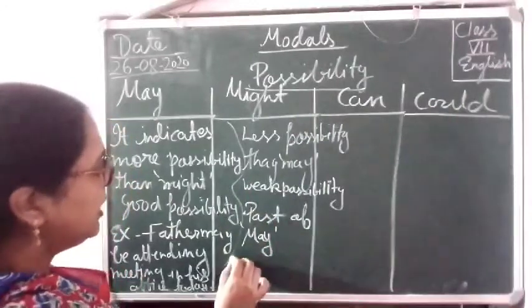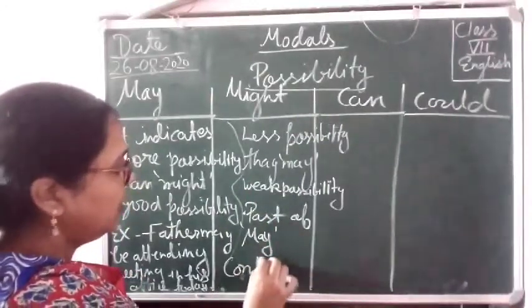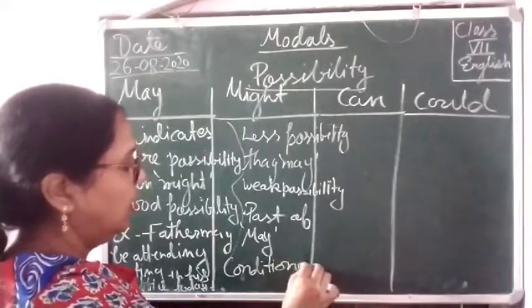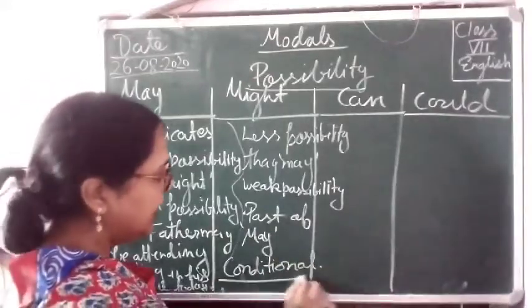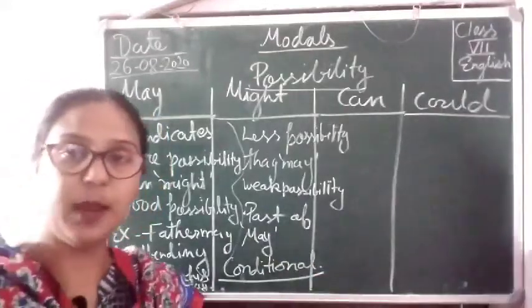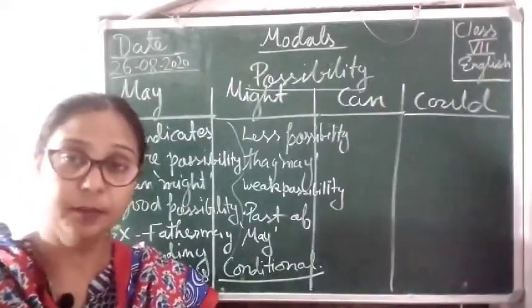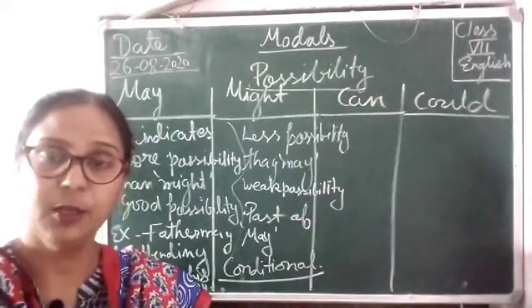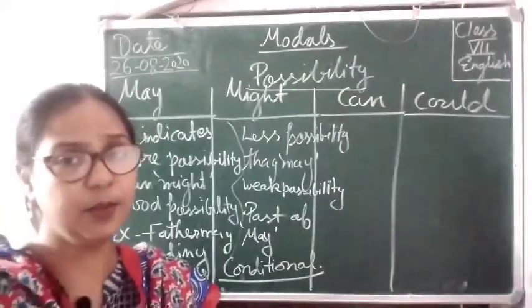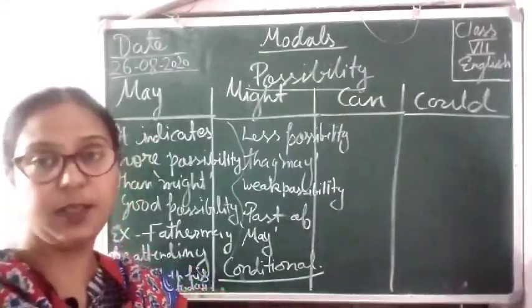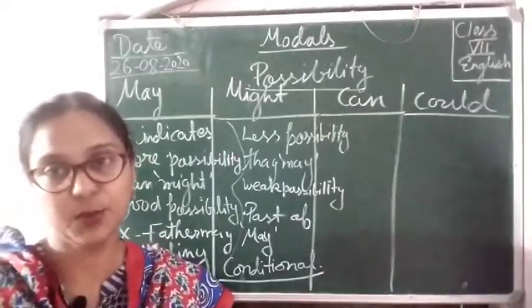And conditional: when a condition is given, that time might is also used. Suppose there is a possibility to come: might he come? So for this type of possibility, if the condition is there, then we are supposed to use might.